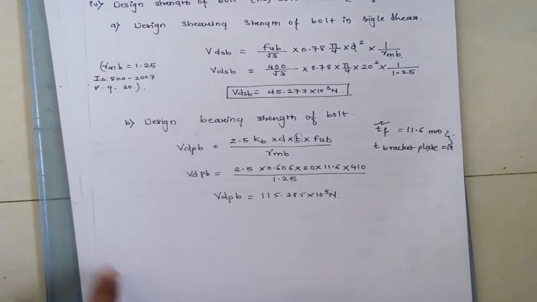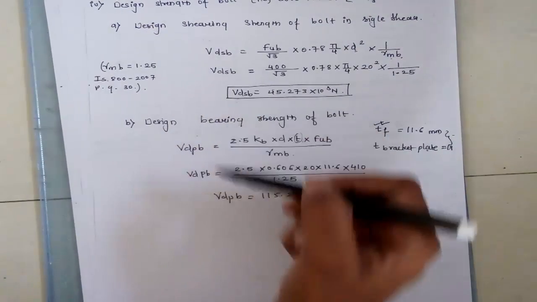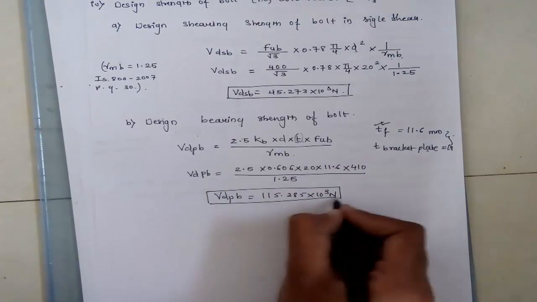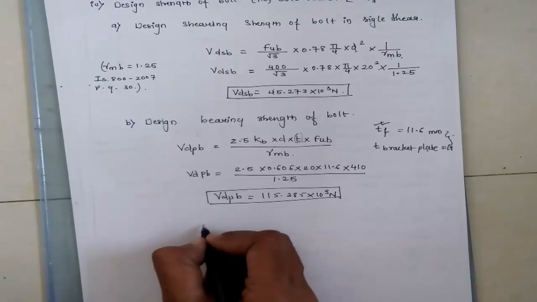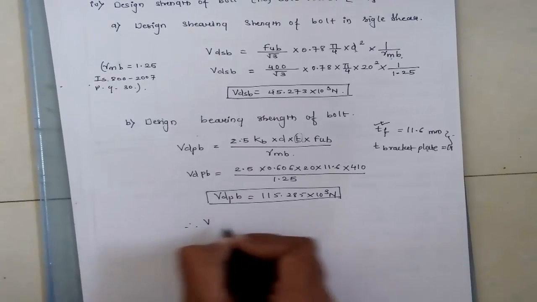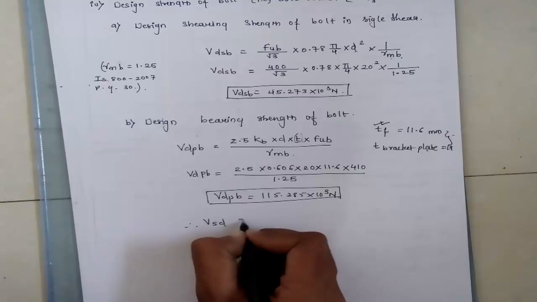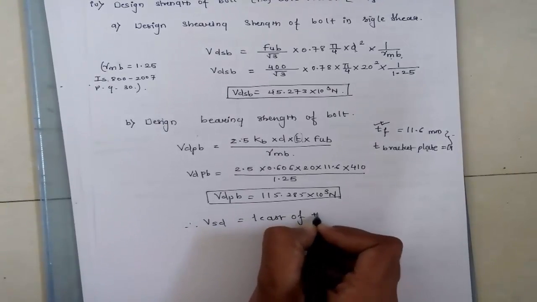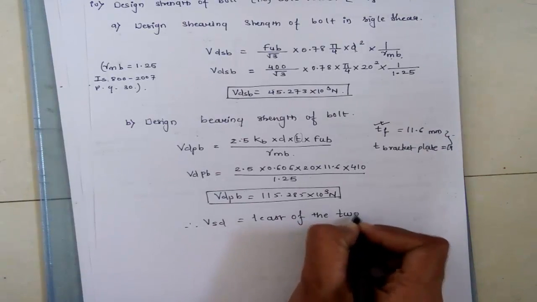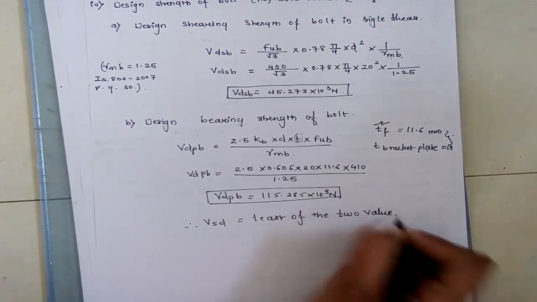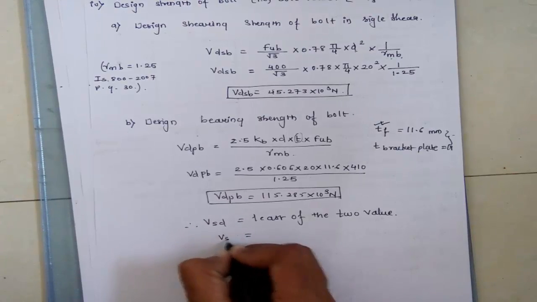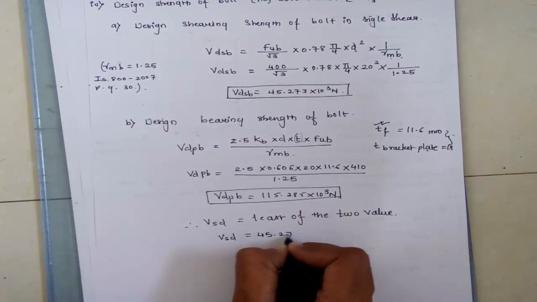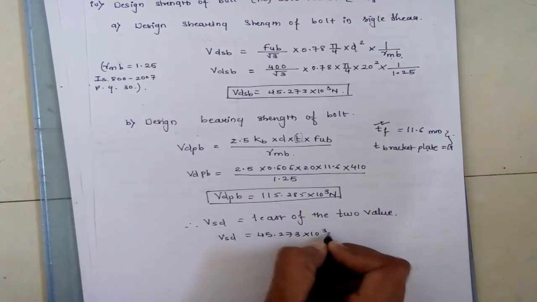After that we have to choose the lesser of these two values, VDSB and VDPB. We get the design strength of the bolt, that is, the bolt value, which is the lesser of the two values: 45.273 into 10 to the power 3.